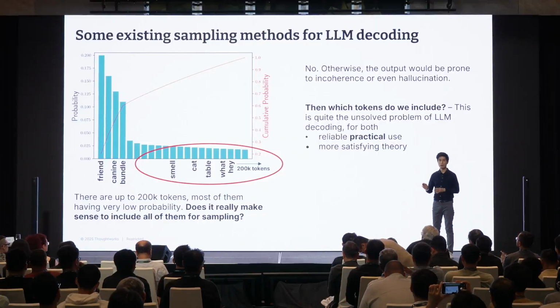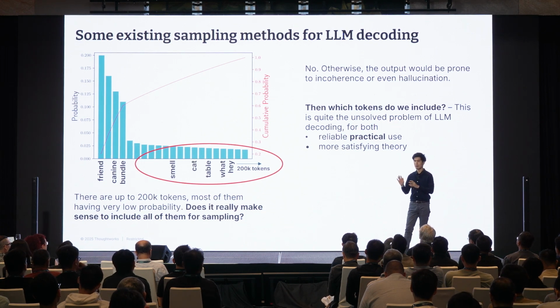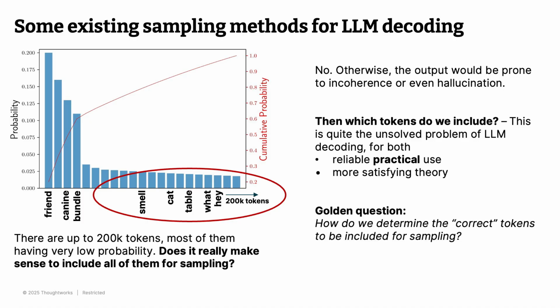This is actually quite the unsolved problem of LLM decoding for both reliable, practical usage and satisfying theory. So this is the unsolved problem, which means that we try to make it better. We try to solve this problem incrementally. The golden question would be, how do we then determine the right tokens to be used for sampling?